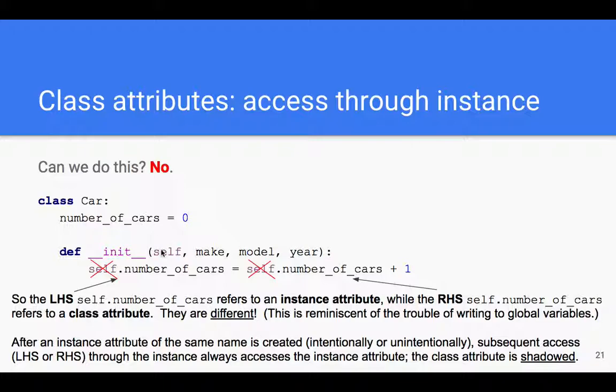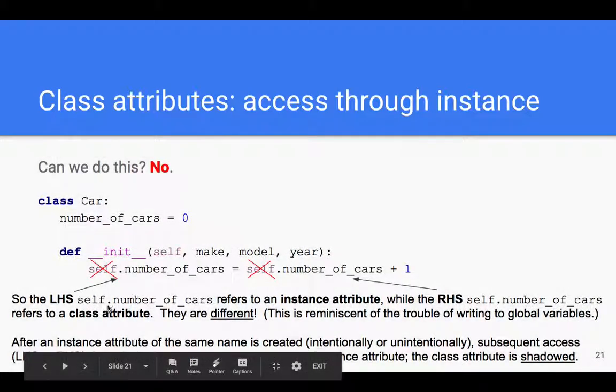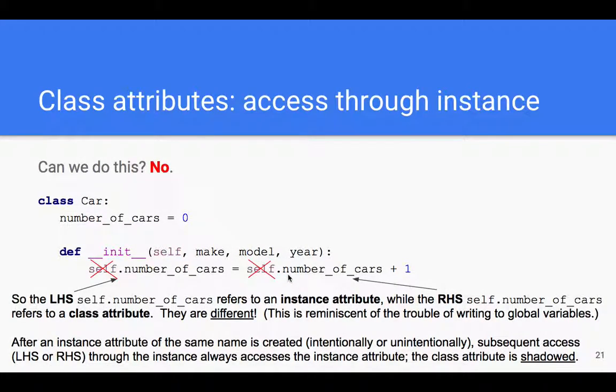So we cannot do this, despite the fact that these two expressions, self.numberOfCars and self.numberOfCars, look the same. The one on the left-hand side refers to an instance attribute, and the one on the right-hand side refers to the class attribute.